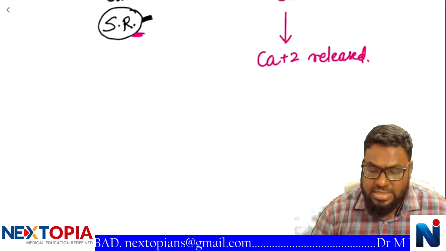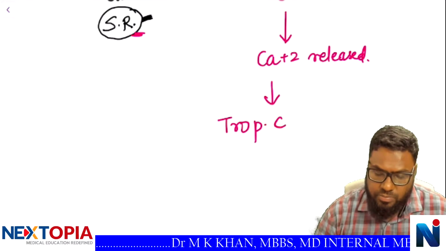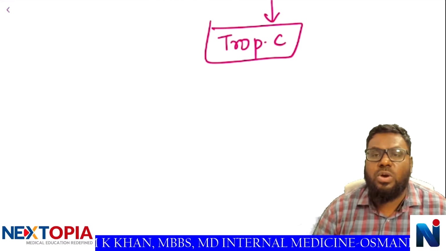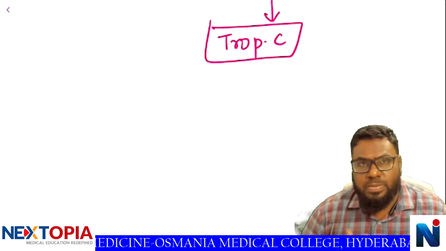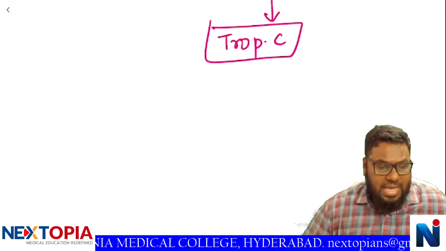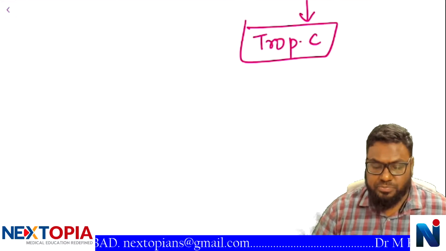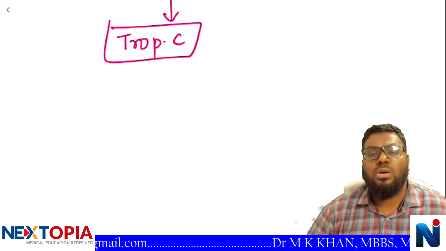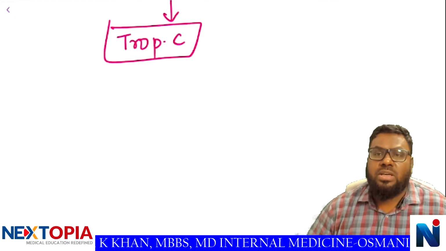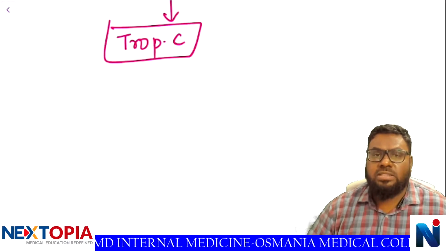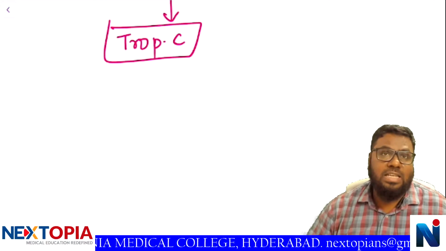Now this calcium binds to troponin C. Because of this, as I told you already, the cross-bridge cycle gets initiated. The cross-bridge contraction coupling cycle gets initiated. Once the calcium binds to troponin C, initiating the cross-bridge, and once the active tension is created, calcium has to go back to the place from where it has come.